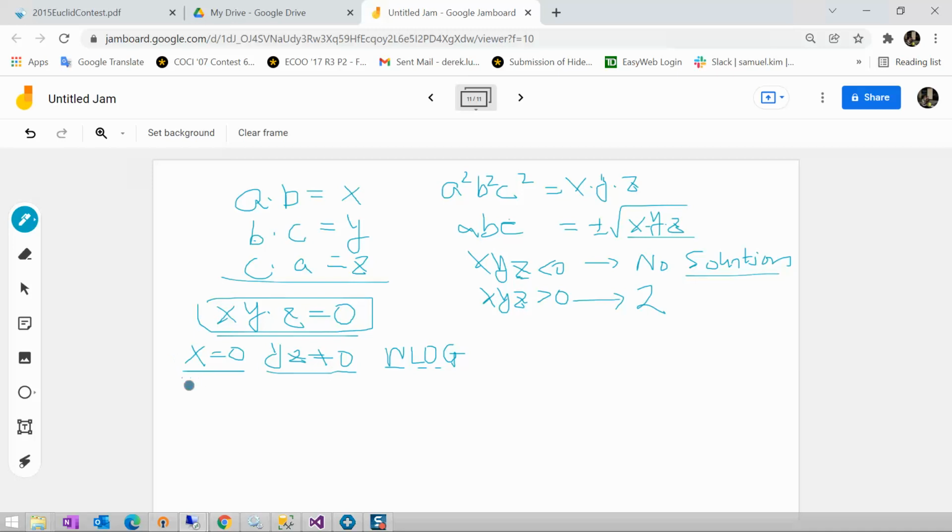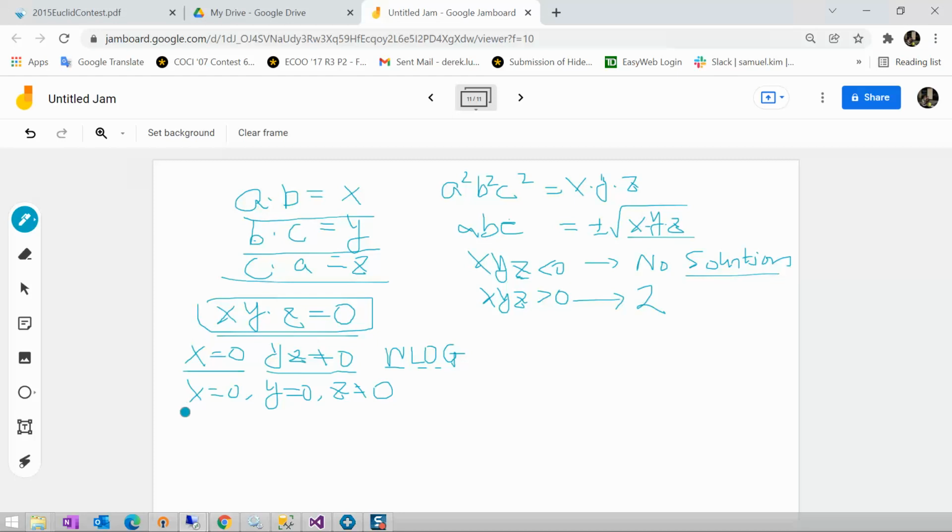So now we say if x equals 0, y equals 0, and z cannot be 0, right? That case exists. So x equals 0, y equals 0. So is that chance possible or not? We can look into that.